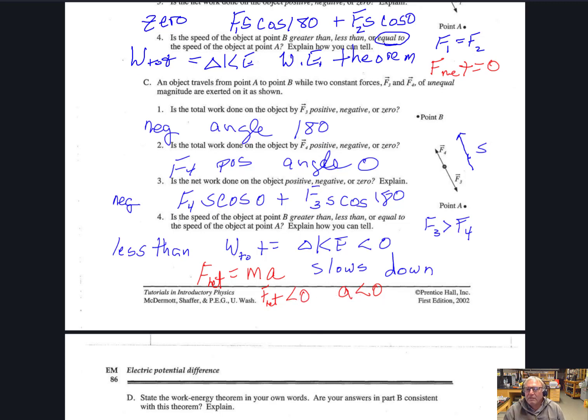I'm calling this the positive direction. That doesn't prove it slows down, but a is 180 to s. Okay.